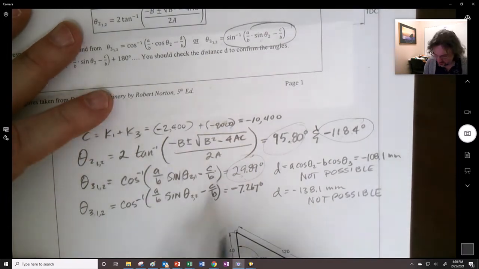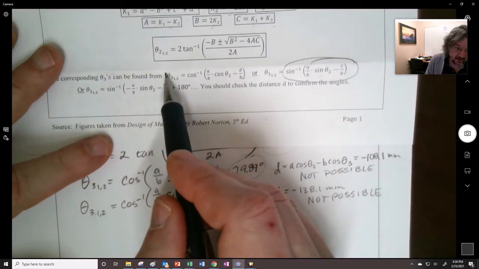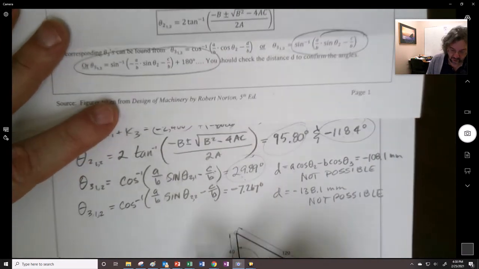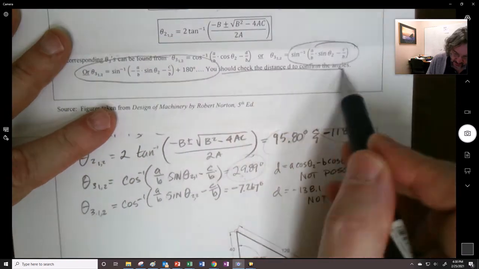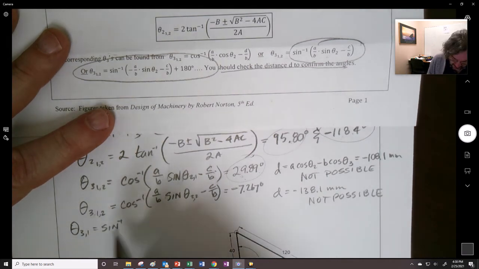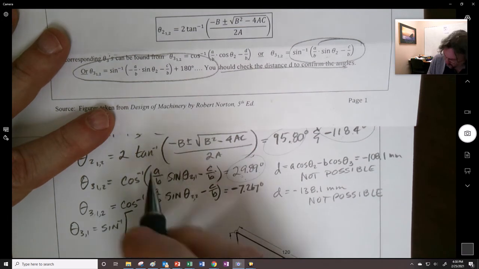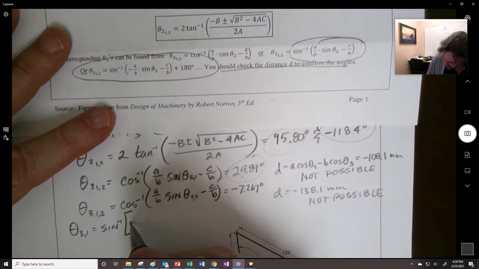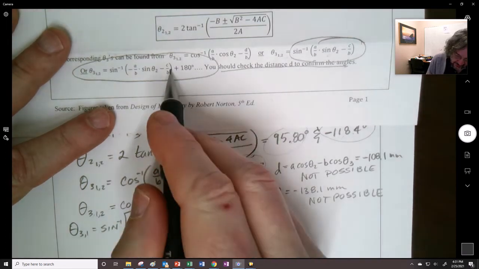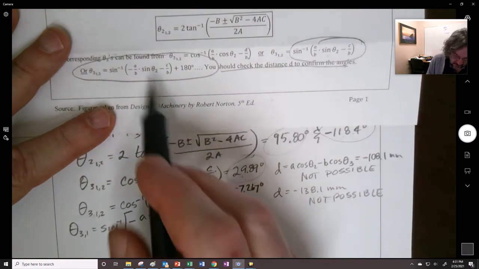But now instead, what I can do is plug in for this equation right in there, right? That's why I'm saying you should plug in and check the angles to confirm. And if I do that now, on my theta 3,1, I get the inverse sine of all of this stuff right here, a sine of theta 2,1 minus c, and these are both over b.